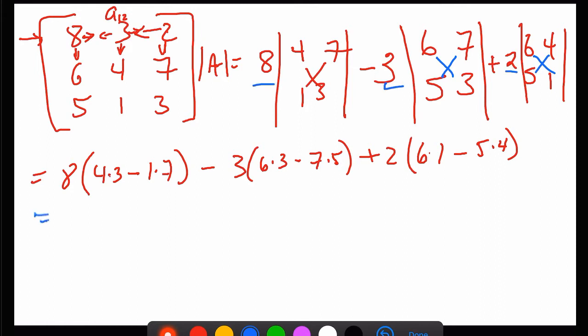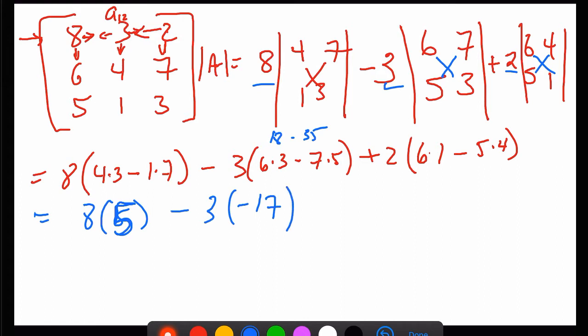All right, so what's that equal to? Well, that's 12 minus 7 is 5. That's 8 times 5. Okay, that's 18 minus 35, right, 18 minus 35 is minus 17. 3 times minus 17.